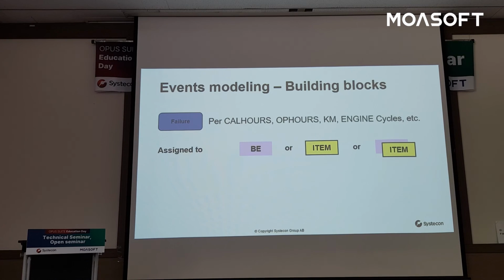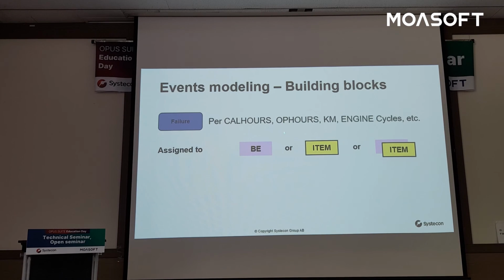Okay, so a failure can be assigned to a breakdown element. And if we do that, it means that, as we saw before, a breakdown element can have different realizations in different configurations. So if we define the failure for the breakdown element, it will always happen on that position, no matter what hardware is installed.